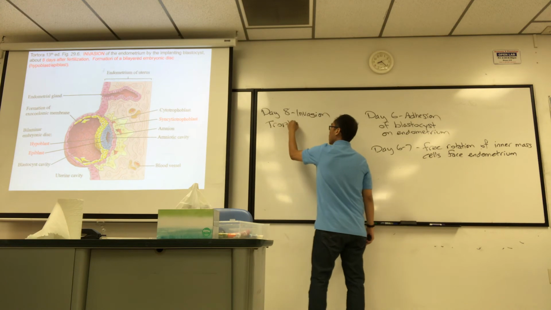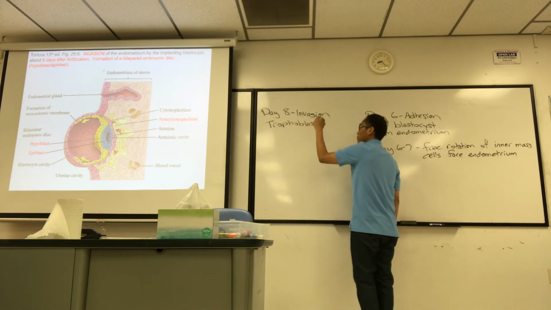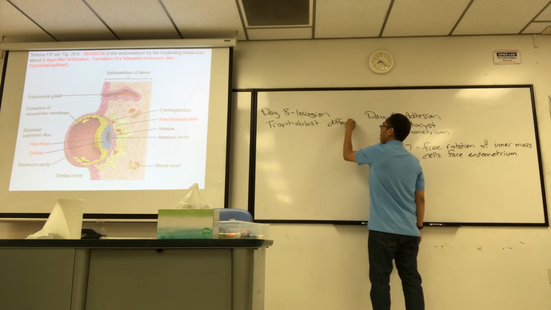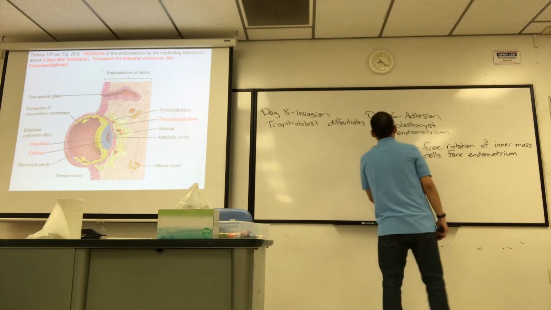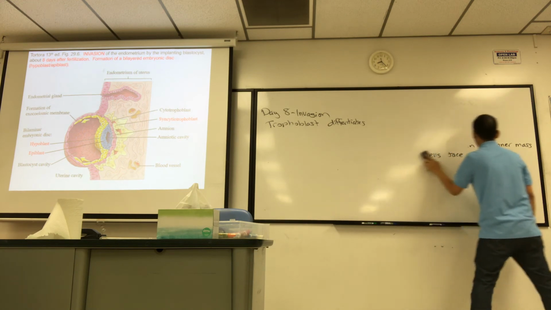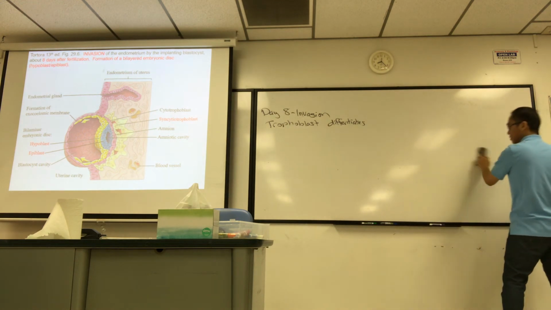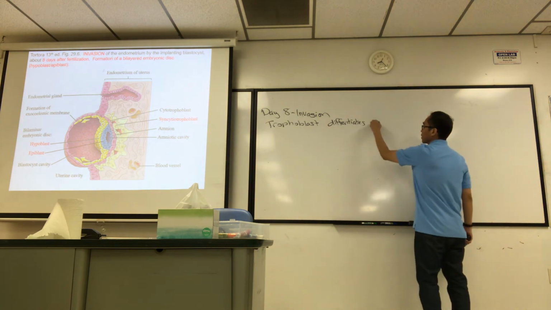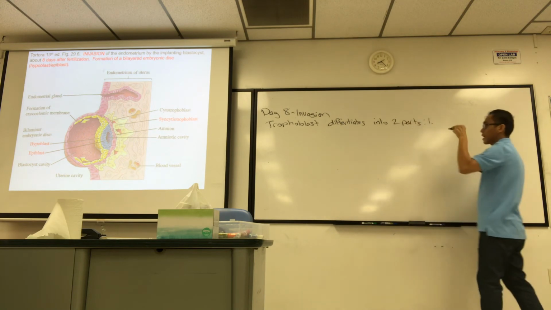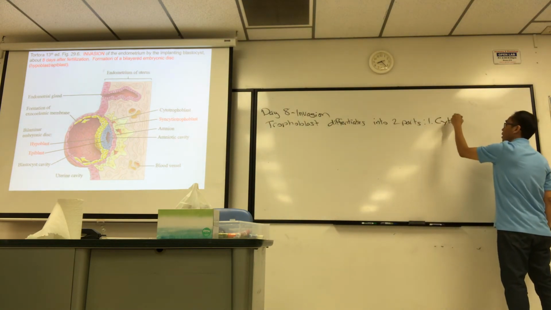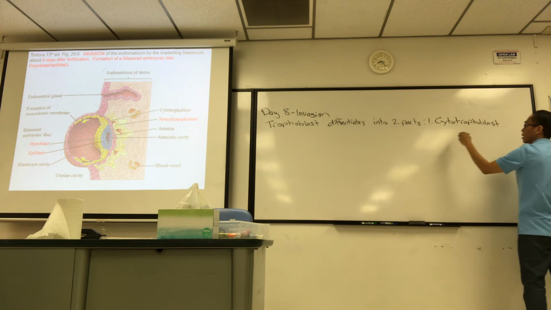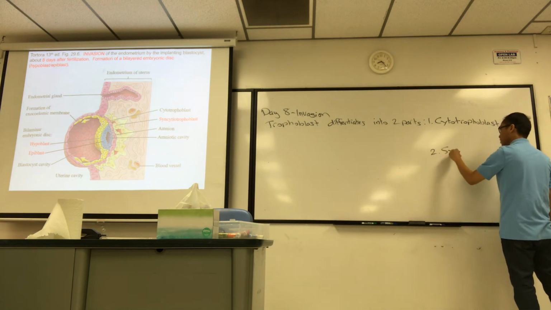Trophoblast differentiates into two parts. One, cytotrophoblast. Two, syncytiotrophoblast.